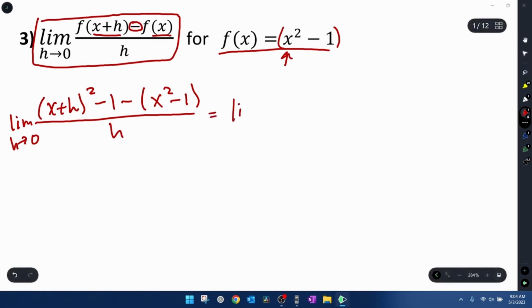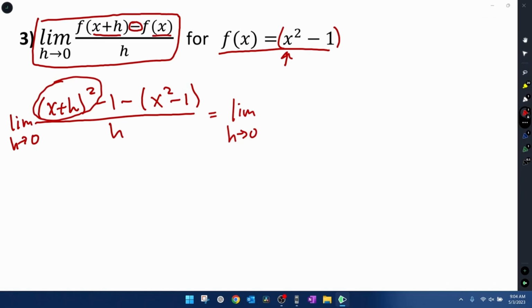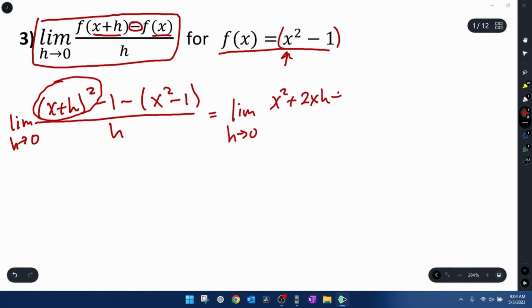Next step, we're going to have the limit as h approaches 0, and we need to do the FOIL method here. So foiling x plus h is going to give us x squared plus 2xh plus h squared minus 1, and then this minus needs to distribute, all over h.